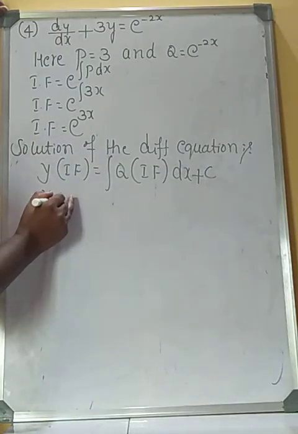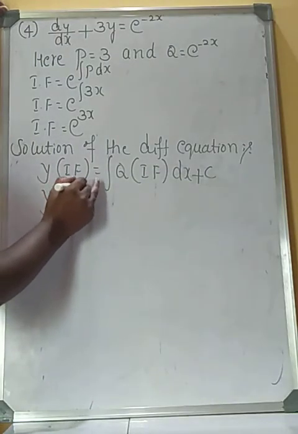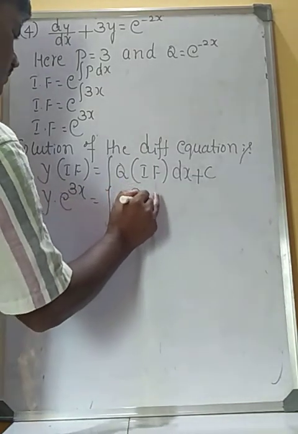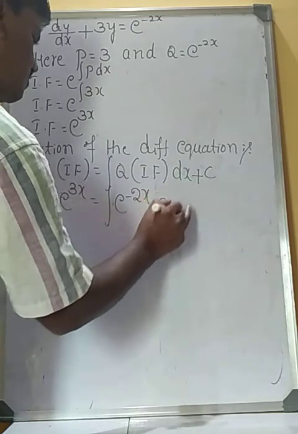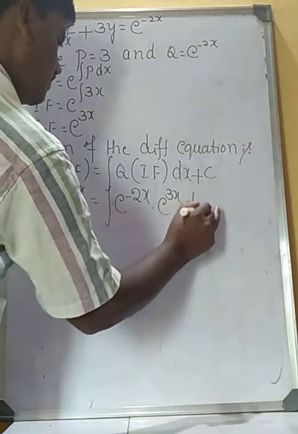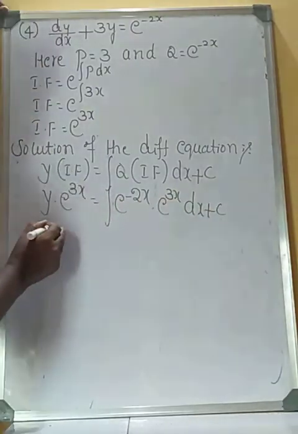Therefore, y into e power 3x is equal to integral of e power minus 2x into e power 3x dx plus c.